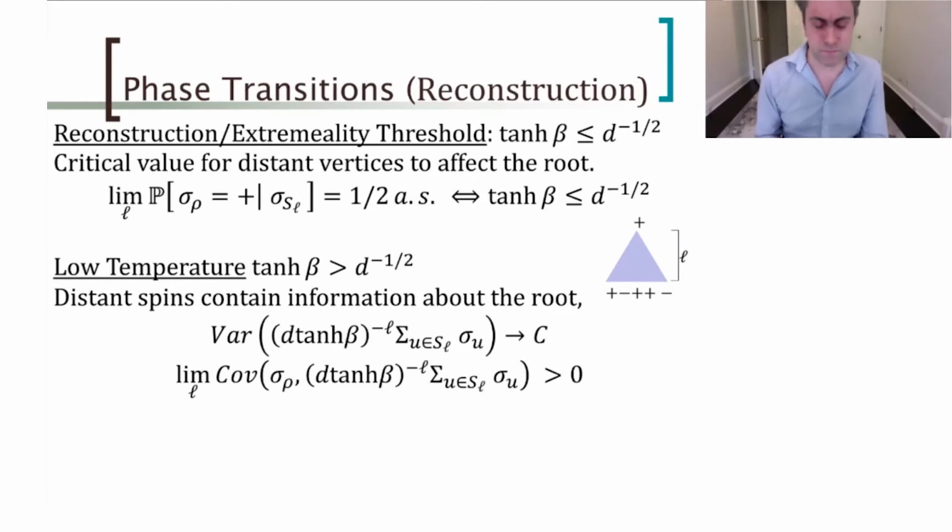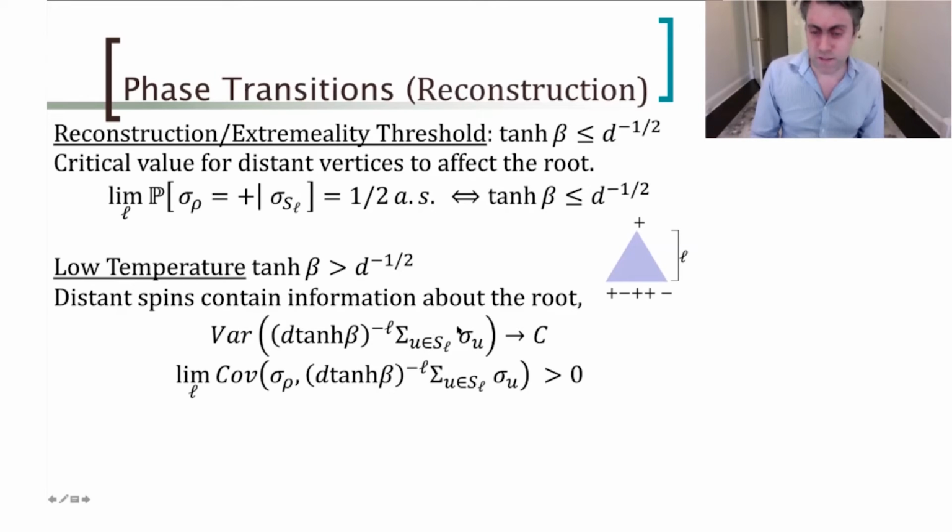And so in the case of the Ising model, there's actually a particularly easy way to give a guess of the state of the root that does better than random chance. And that is, you just take all the vertices in level L, sum them up, and take the sign of that. And that will be equal to the same sign as the root, with probability more than a half, and bounded away from a half, even as the distance L tends to infinity.